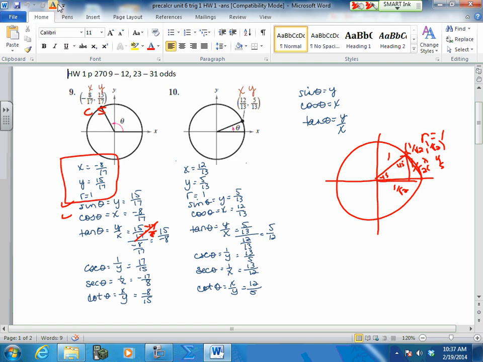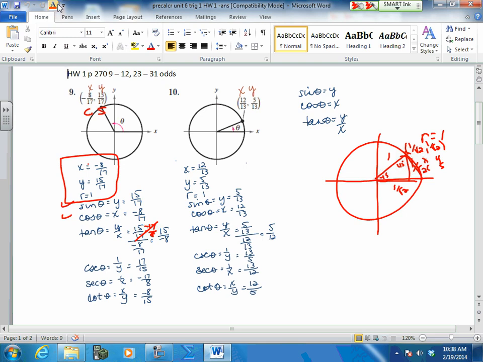Once you put your negatives and positives there, you don't have to go through and say, all students take calculus, chemistry, however you remembered it. You don't have to say, oh, all are positive, only sine is positive, only cosine, tangent is positive. It's right there. You pull out your positives and negatives right there.